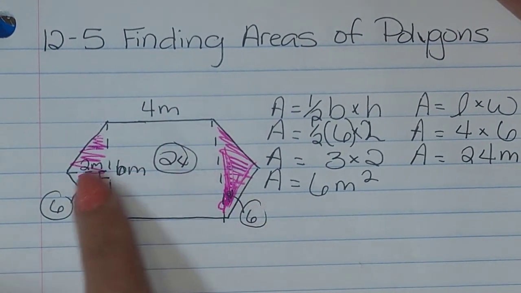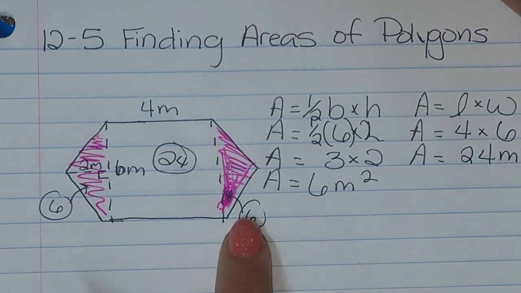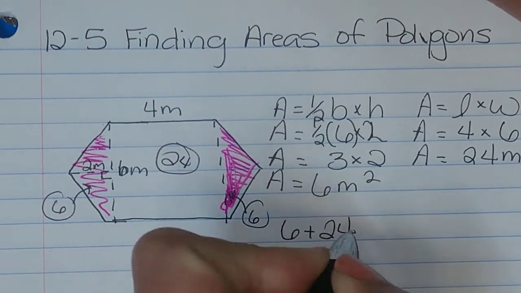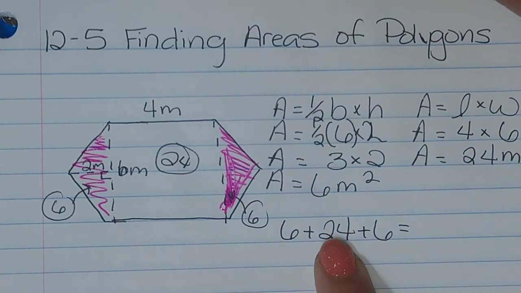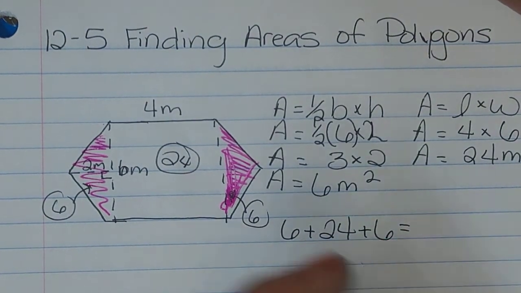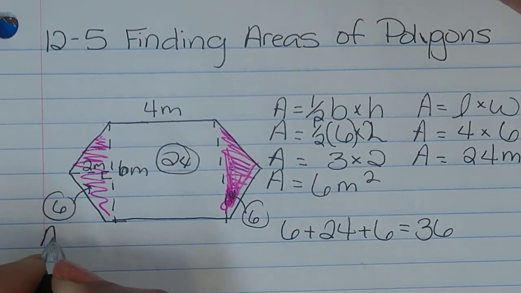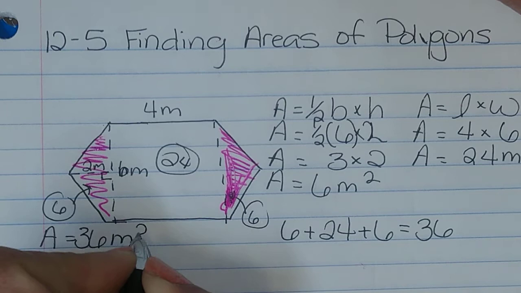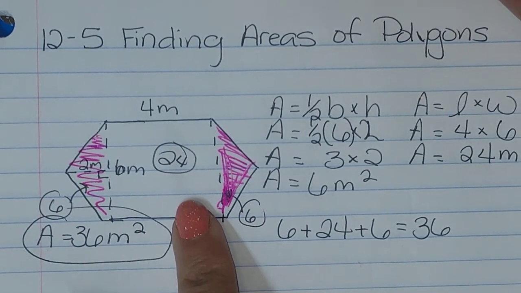Now I'm asking for the area. I'm trying to find the area for the whole shape, which means that I need to add these numbers together. I have 6 plus 24 plus 6. 6 plus 24 is 30, plus another 6 is 36, which gives me a final area of 36 meters squared. And that's the final answer for the whole shape.